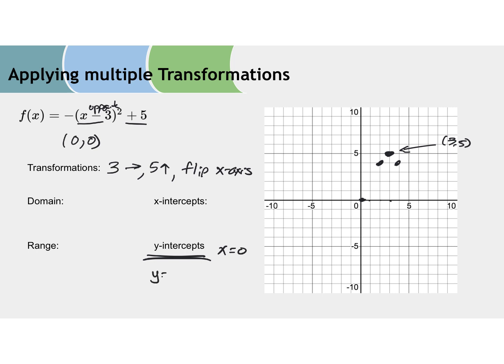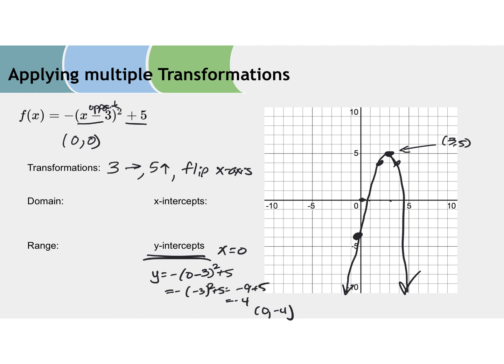So if I plug in 0 for x, I get -9 plus 5, which would be -4. So that would be my y-intercept here. And you can see that that's a pretty good way to get this graph.